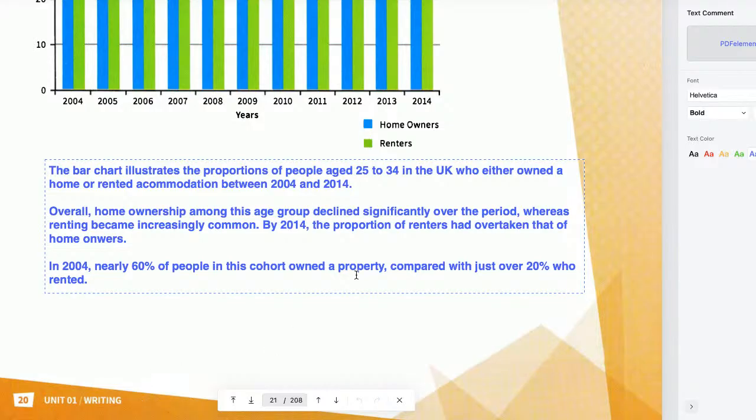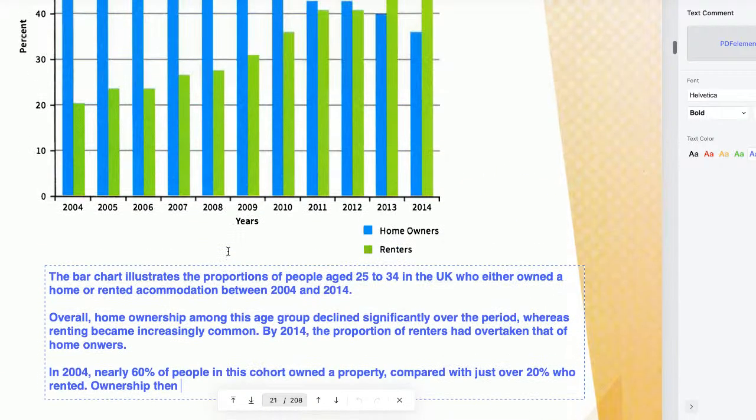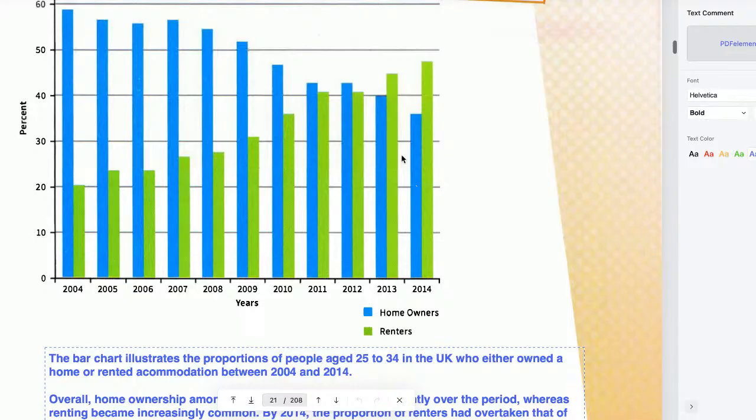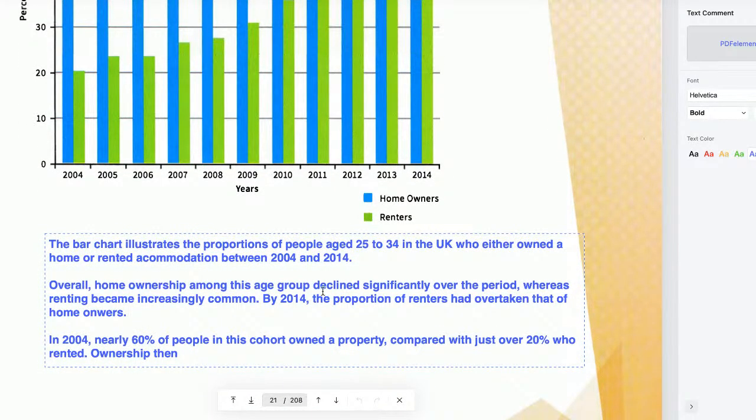Again, we can say ownership, and then what? After that first year, what happened to home ownership? What happened? Yeah. Okay. You can replace the word home ownership. You can say ownership. Then of course we can say it decreased, right? So we can use which word? Let's try with declined.